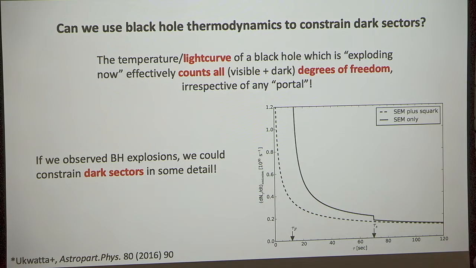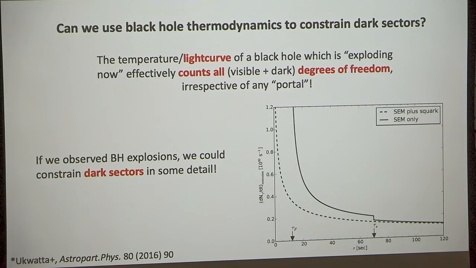Yes, Amelia? Sorry, how are you differentiating this from light from the accretion disk of the black hole? Oh, good. So the question is, black holes also spit out light because there is an accretion disk that contains particles that are energetic enough to spit out light. These guys are very, very tiny, so it's almost impossible that they have an accretion disk.